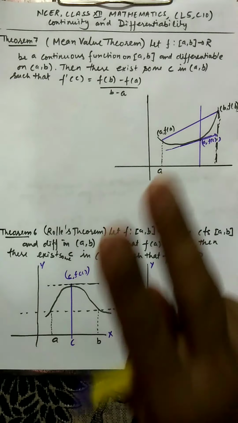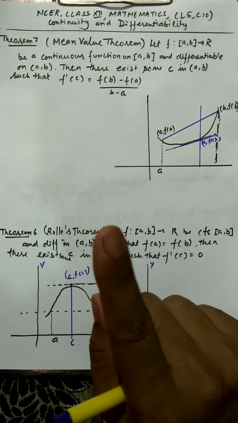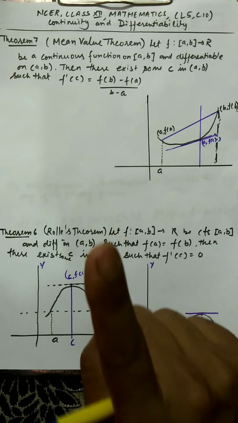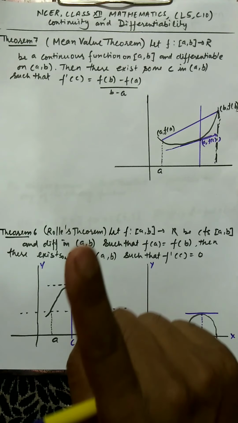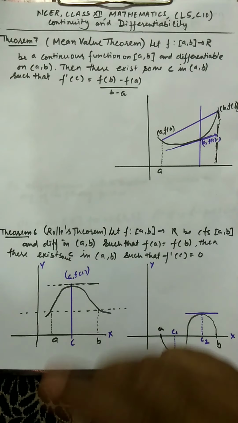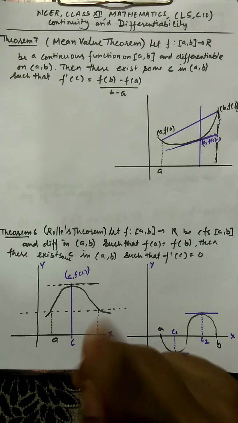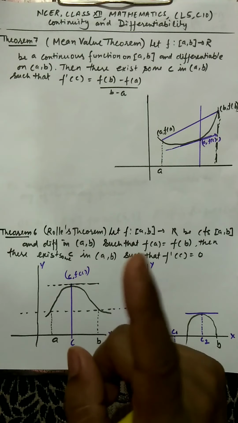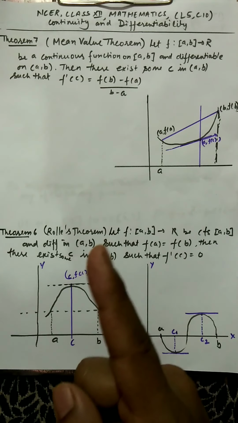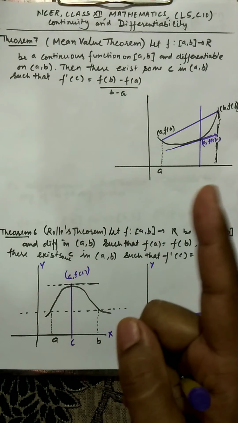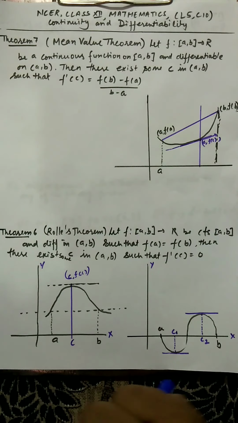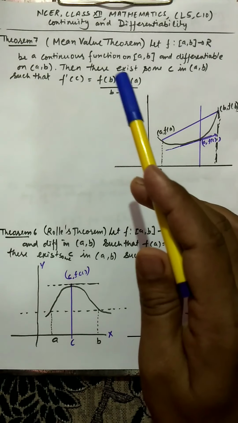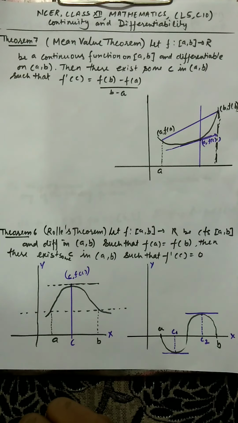Remember that f'(c) exists when you have condition number 1, that f should be continuous in the closed interval [a, b], and the second condition, that f(x) should be differentiable in the open interval (a, b). Only then will f'(c), where c is somewhere between a and b, exist and be equal to this.